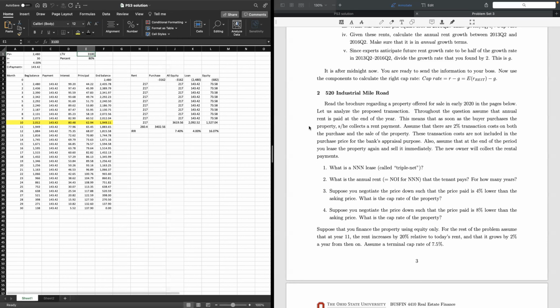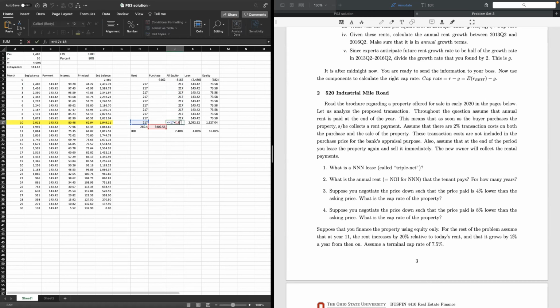So to make it clear, this is very important. You get this number. If it's all equity, you invest 3.162 million, and everything here is in thousands. So you will get 217,000 every year, which lasts for 10 years.